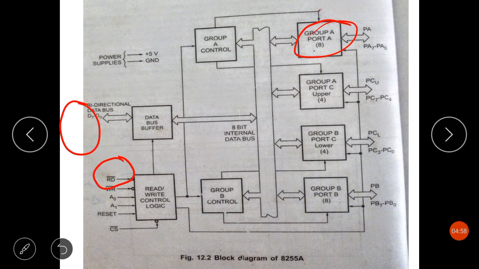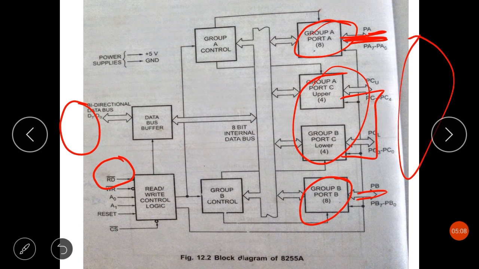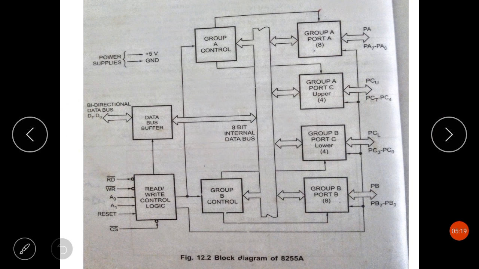Whatever data is there from these 8-bit pins, there is some data from the peripheral device. The microprocessor can read that data through this data bus whenever RD bar is low, and whenever the WR bar pin is low, the microprocessor can write data on the ports or in the control register through the data bus buffer.